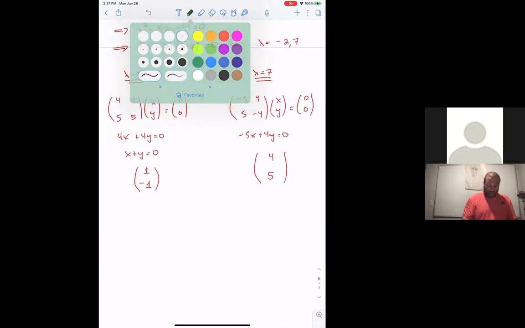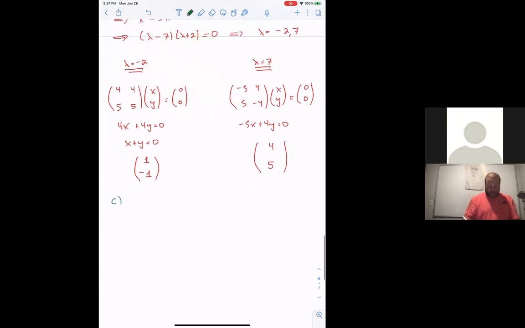Next one, C. Oh, this is an interesting one. It says I equals 1, 0, 0, 1. Now, this one, actually, we don't have to go through everything. We could, and there's nothing wrong with it. But let's think about it.